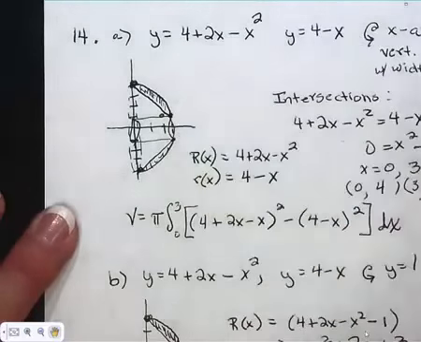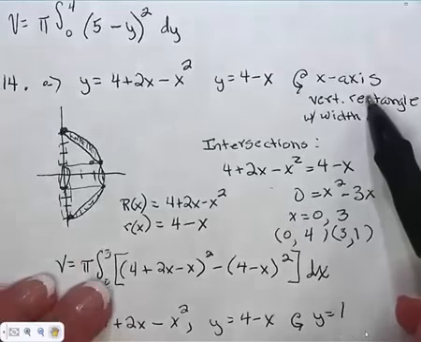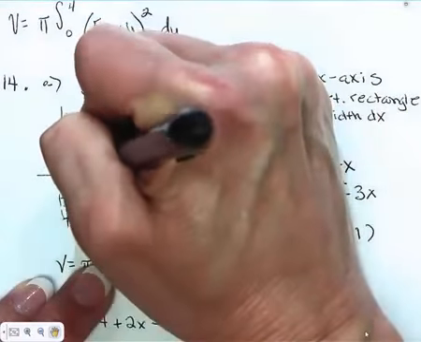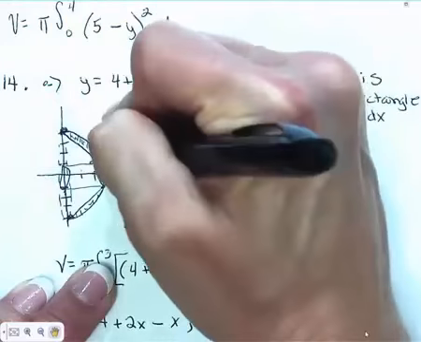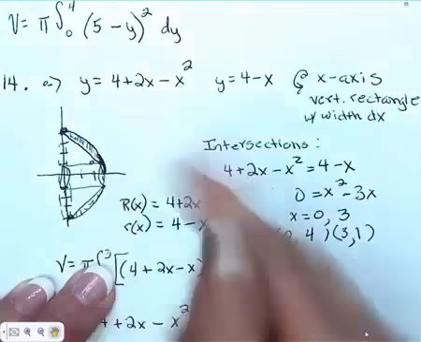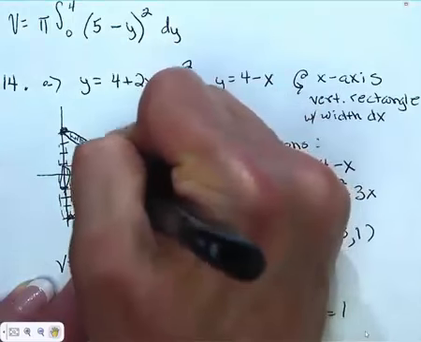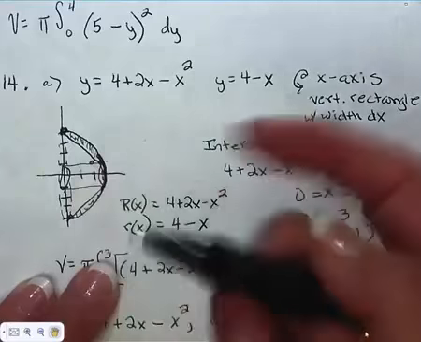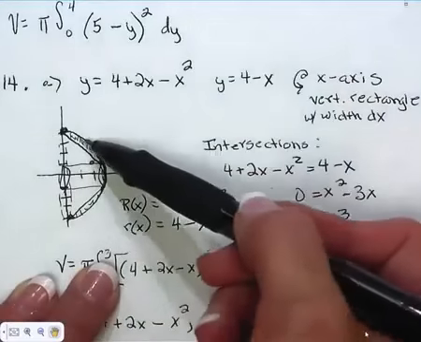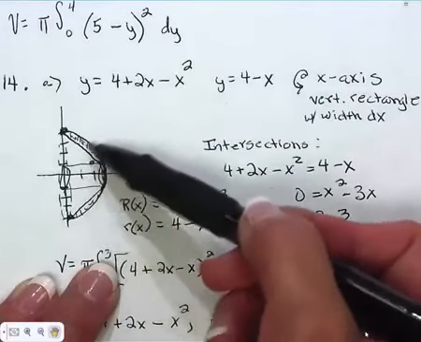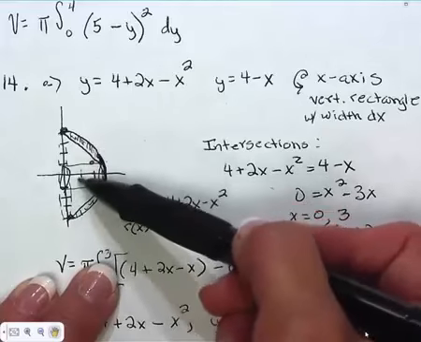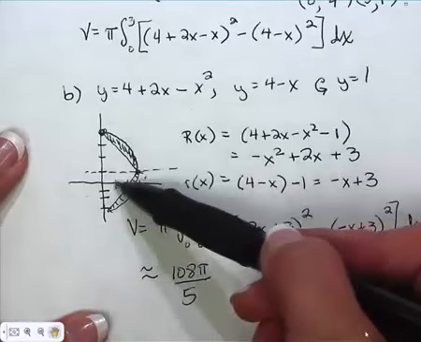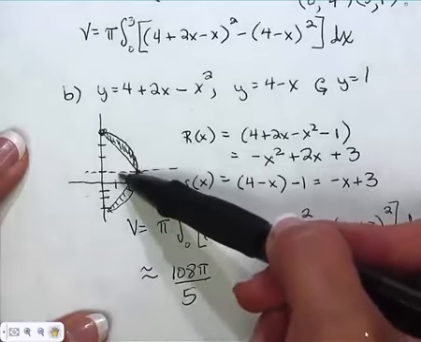This one, we were rotating around the x-axis, so that outer shell that was being rotated actually went all the way to there. And so I didn't have to subtract anything. I could have said the outer was this minus 0 because it was going all the way down from there to 0. This one is not going from here to 0. It's only going from here to 1.